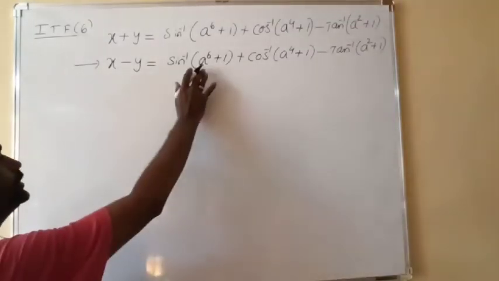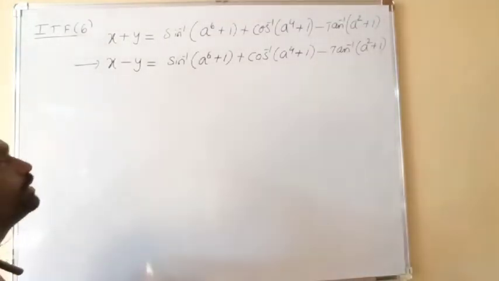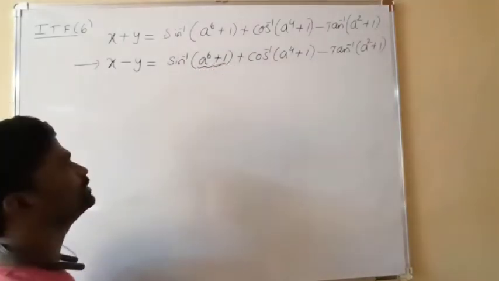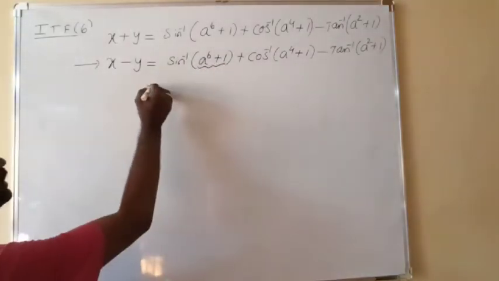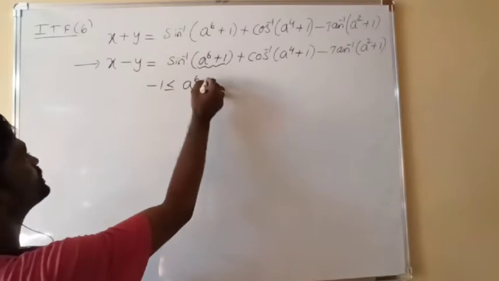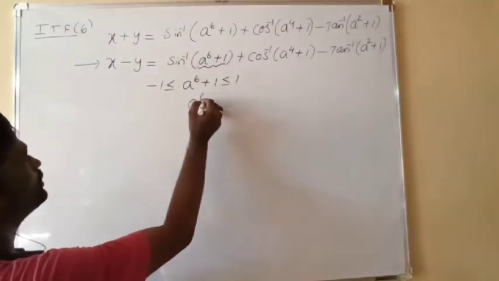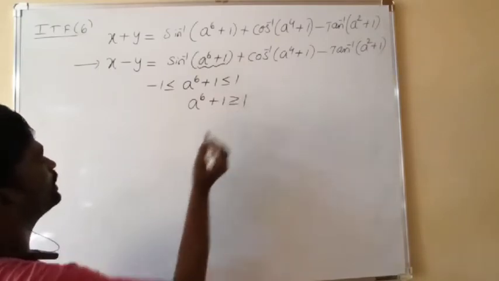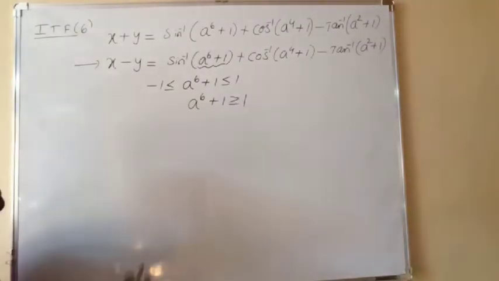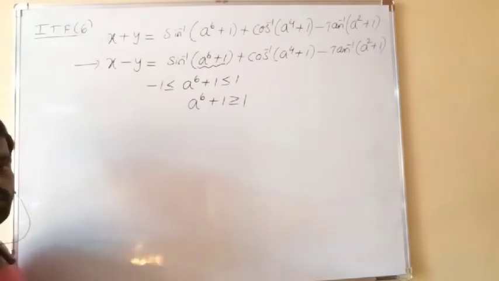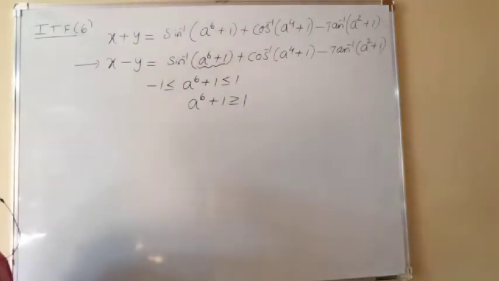So now we need to simplify the RHS. Clearly, sine inverse of this will exist only if that number lies between minus 1 and plus 1. But we know that a power 6 plus 1 is always greater than or equal to 1, because a to an even power is always positive or equal to 0.